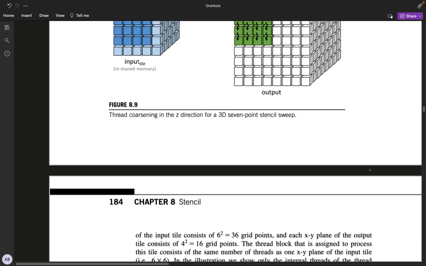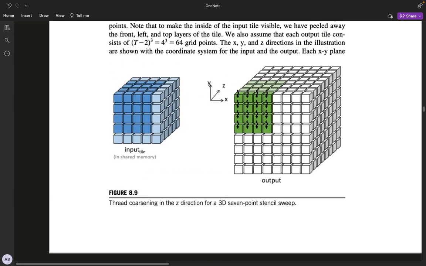So what I mean by this is, we originally had this three-dimensional grid, and each thread in that grid was doing some computation. Now the grid would still remain three-dimensional, but the block would be two-dimensional. Let's say the grid is divided into blocks like this, but the current block has only, for example, 4 cross 4 threads.